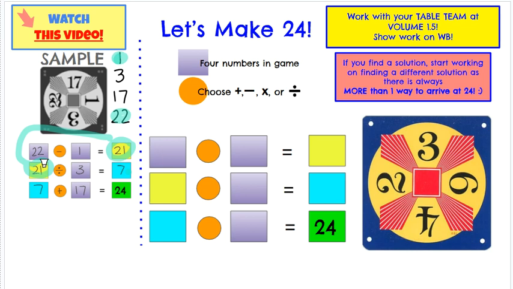And then 21, they decided to divide by 3. So we've used the 3. Now that 7 is a solution, and it gets carried over here. And then last but not least, they took 7 and added the number 17. And of course, that got to 24. So that's a little bit more difficult game there, but the solution is there.